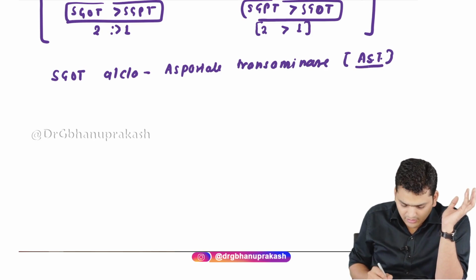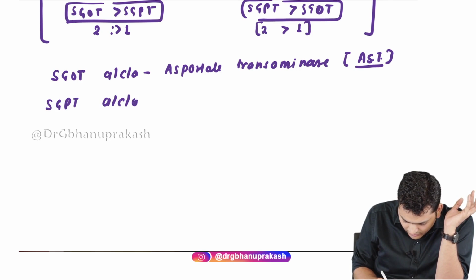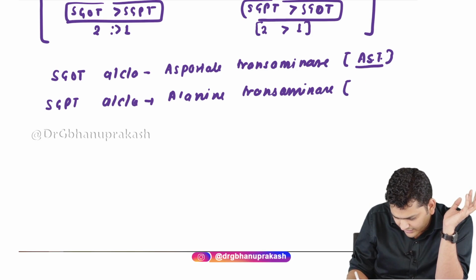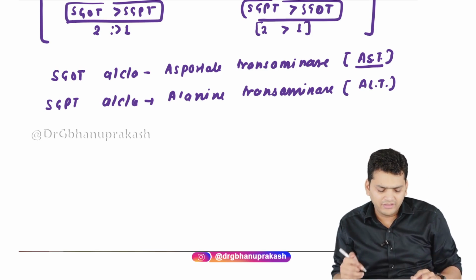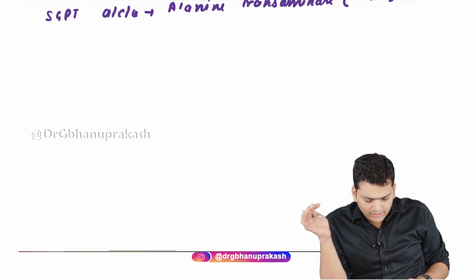Whereas SGPT is for the transamination of alanine, so it is also referred to as alanine transaminase, written as ALT. So they can use the words AST, ALT, which are just other names of SGOT and SGPT. So this is how step 1 is done.